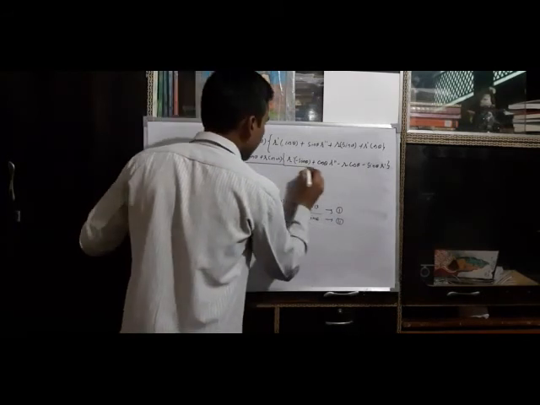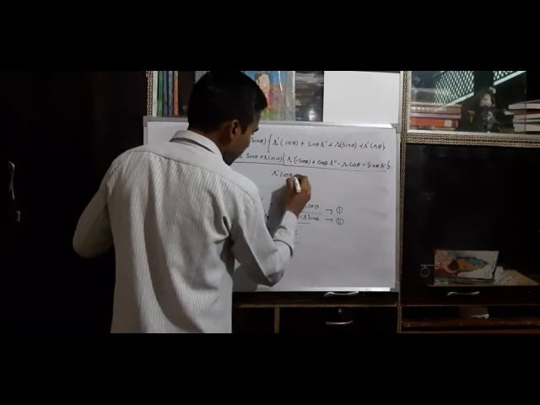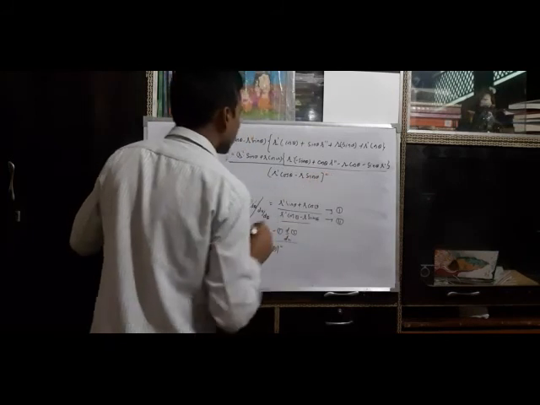So it can be written as r prime cos theta minus r sin theta whole square.